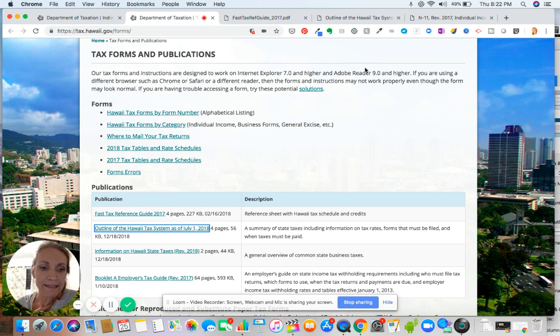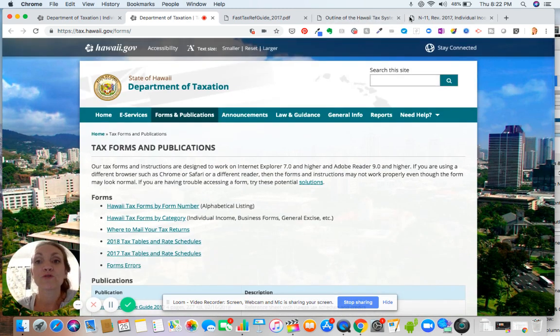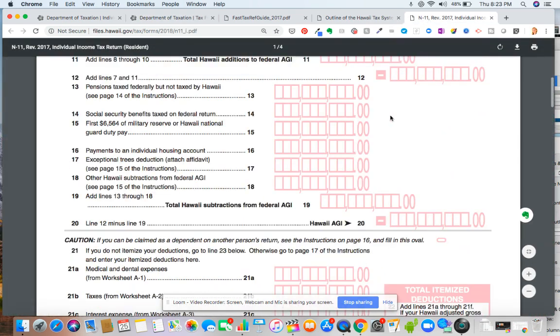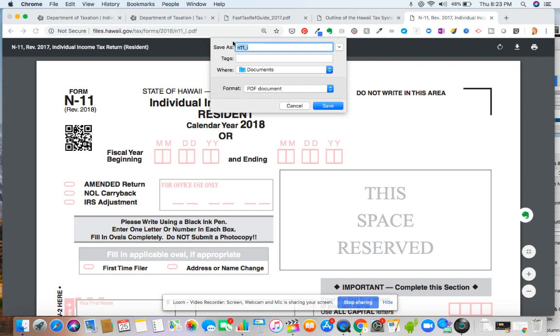So what I want you to do for this assignment is you're going to come to the Hawaii website. You're going to download the N11 here. Once you open it, you simply press download. When you come up to the top, this bar will show, and you press the download button and save it as Hawaii State Tax Form N11.